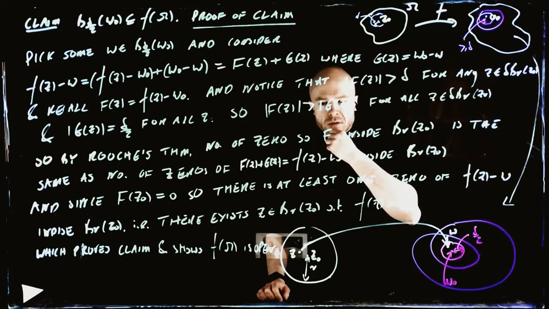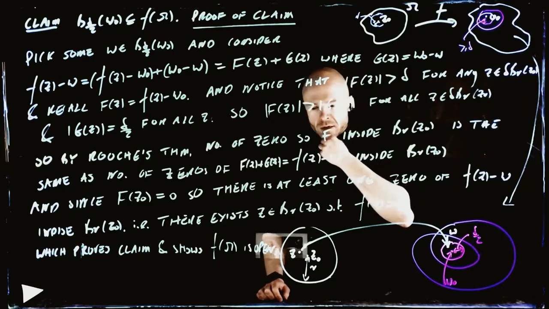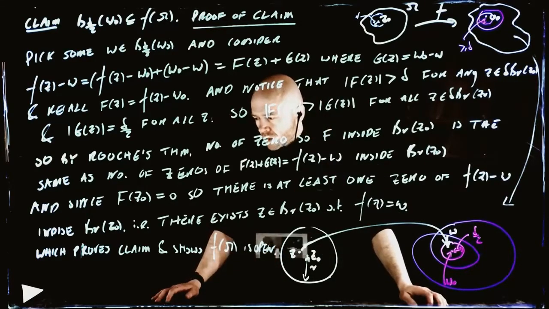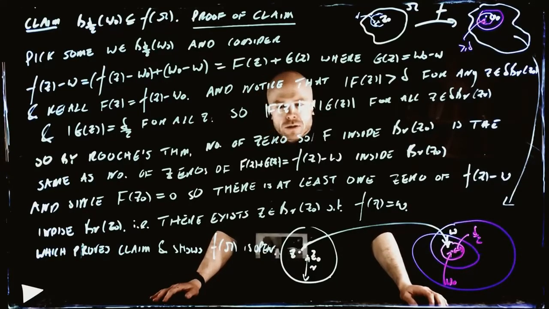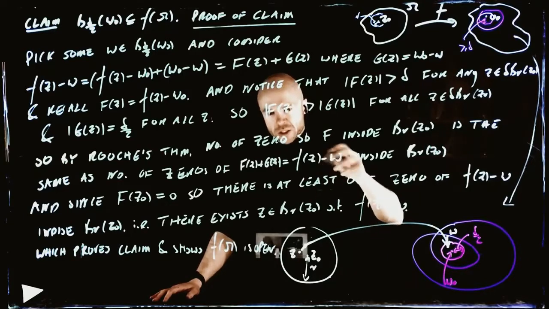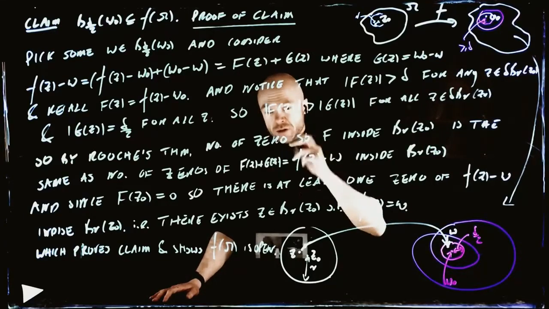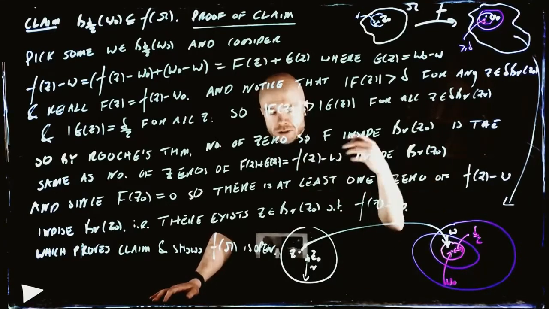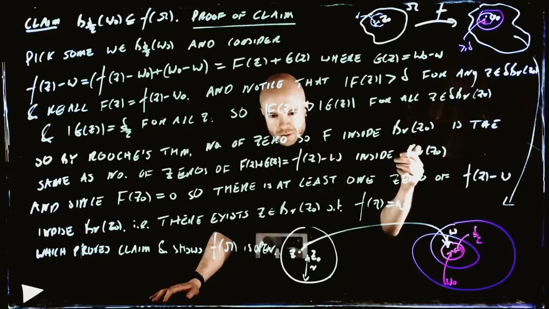Do you see what I mean? Yeah? If it was differentiable with non-zero derivative. I mean, you all did multivariable calculus, right? So you learned about the inverse function theorem, that if you have a point where the determinant of the derivative is non-zero, then the function is locally invertible around this point. Yeah?